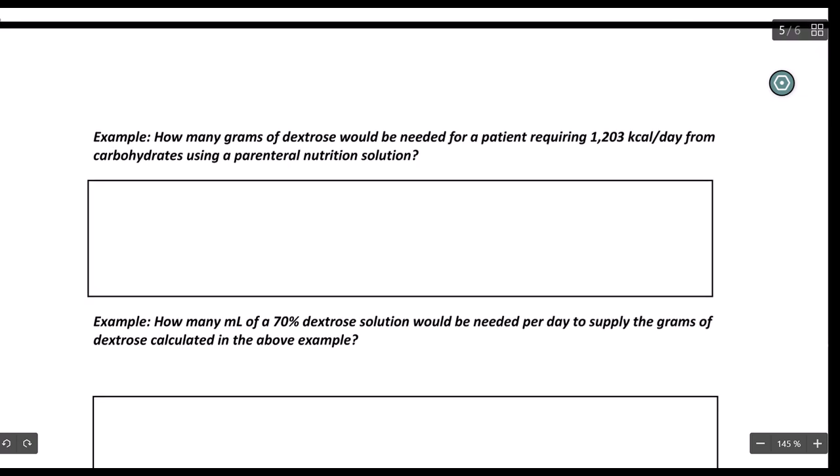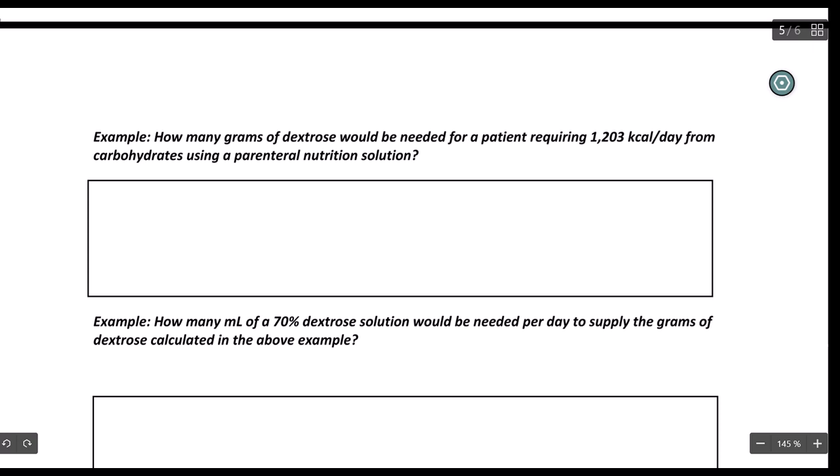It says, how many grams of dextrose would be needed for a patient requiring 1,203 kilocalories per day from carbohydrates using your parenteral nutrition solution? So, carbohydrates meaning from the dextrose.